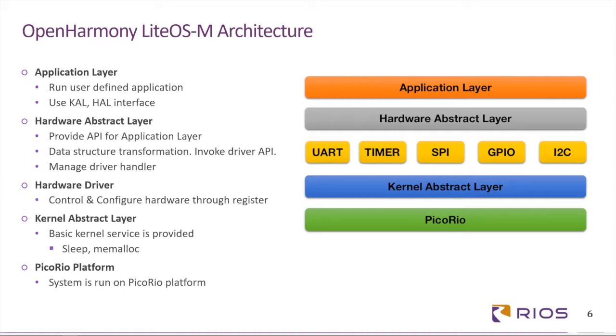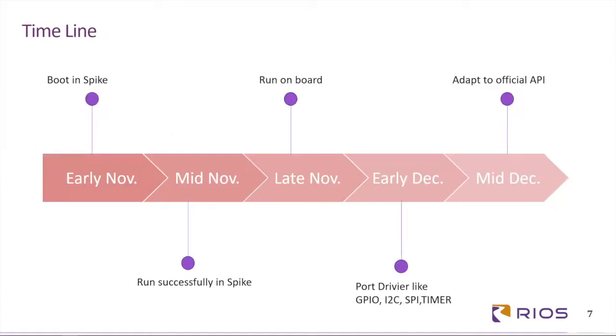For example, if you want to configure the UART, you will need to write a specific value to a certain address space of the register. Then below the hardware driver is the kernel abstract layer. The kernel abstract layer will provide the basic kernel services, for example, sleep and memory alloc. And at the bottom of the architecture is the Pickle.